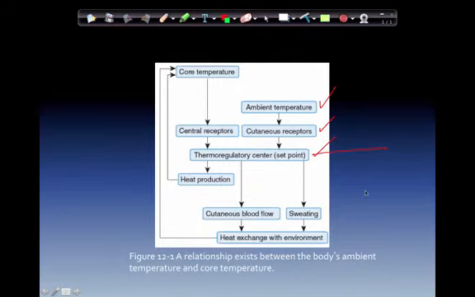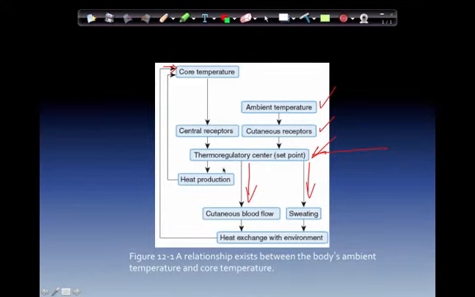Now this right here is like a thermostat that's located in our brain, and very simply it can adjust itself higher. Well, sweating occurs, which has a loss of water and salt, and then increased cutaneous blood flow so that we can cool ourselves better, heat exchange with the environment, and all of this adjusts the core temperature.